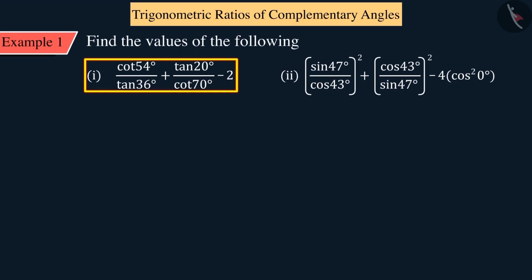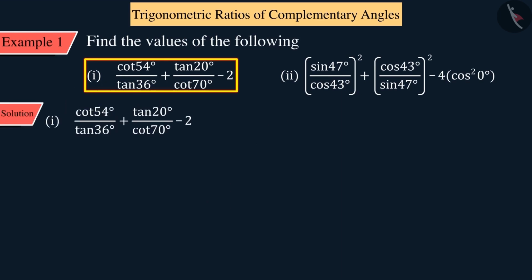Let's discuss the first part of the example. We can see that the first term given is cot 54 upon tan 36. Here 54 and 36 form a pair of complementary angles. Similarly, the second term also has a pair of complementary angles and the third term is -2.